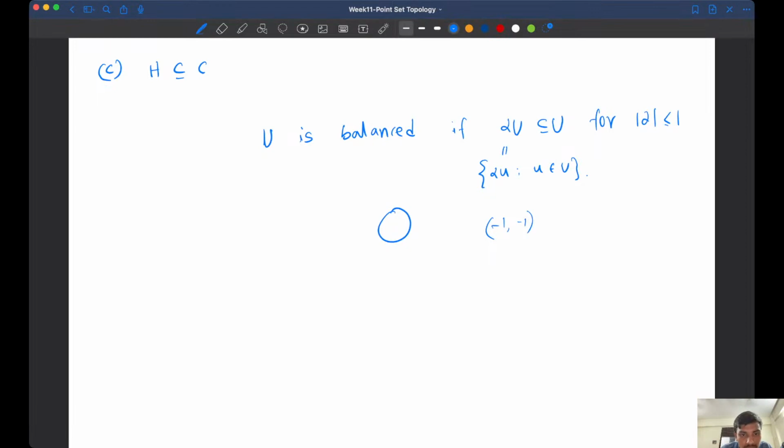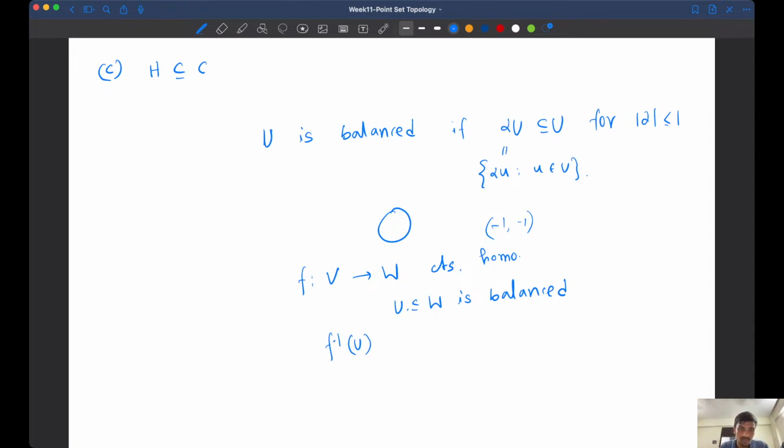So if you have a map from a vector space V to W, and U, a subset of W, is balanced, then what can I say about its inverse image? This is continuous and a vector space homomorphism. So what can I say about F inverse U?